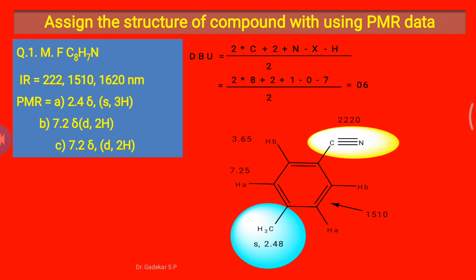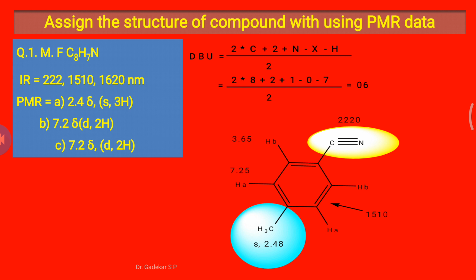It indicates the compound contains 6 double bonds, maybe one ring and 4 double bonds, so one benzene ring containing 4 unsaturations. So 4 plus 2 means 2 extra double bond unsaturations are present in the molecule.